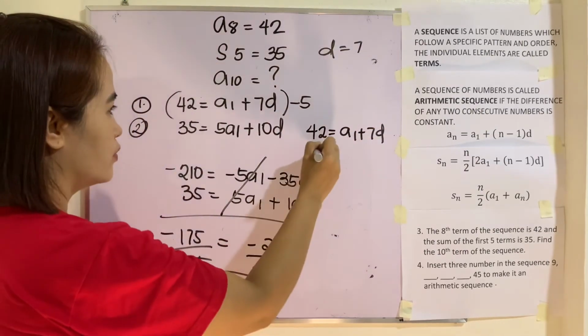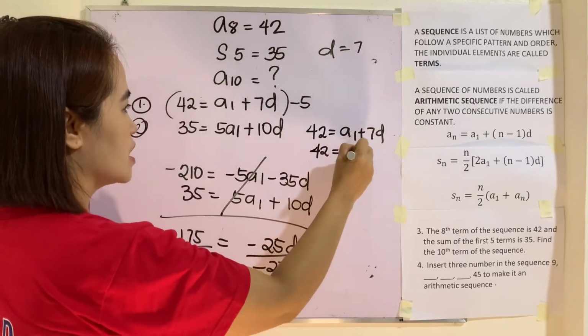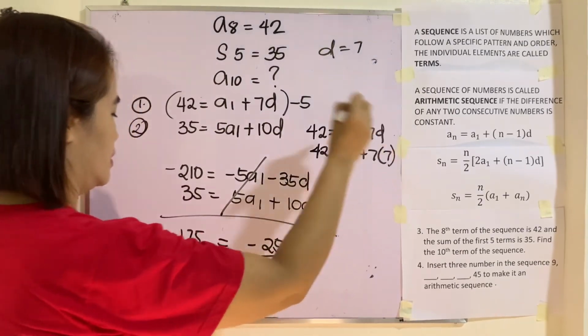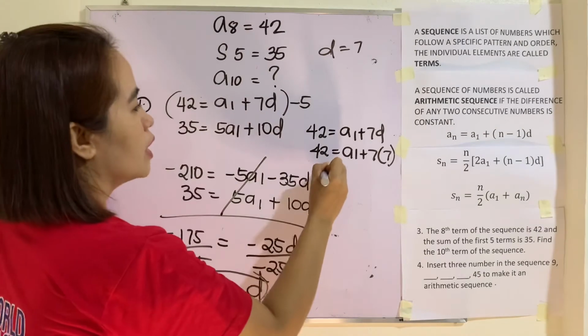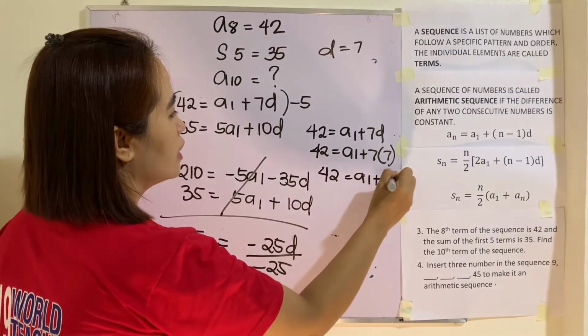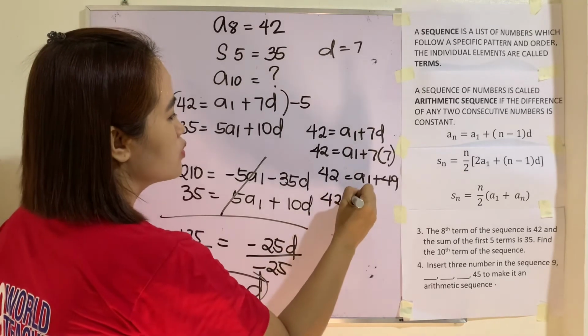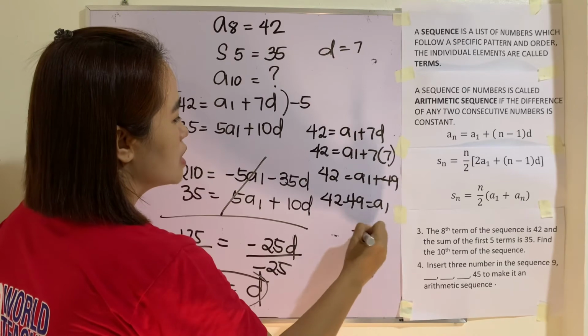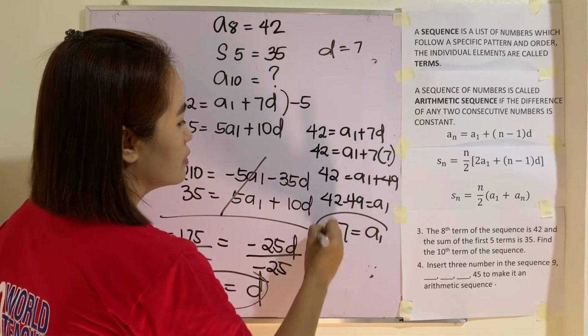So we have 42 equals A sub 1 plus 7 times 7. Okay. So we have 42 equals A sub 1 plus 49. 42 minus 49 is equal to A sub 1. A sub 1 is equal to negative 7.